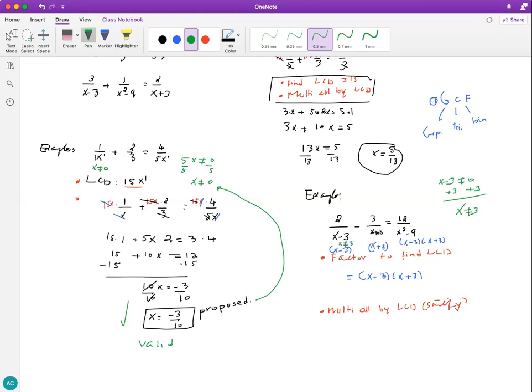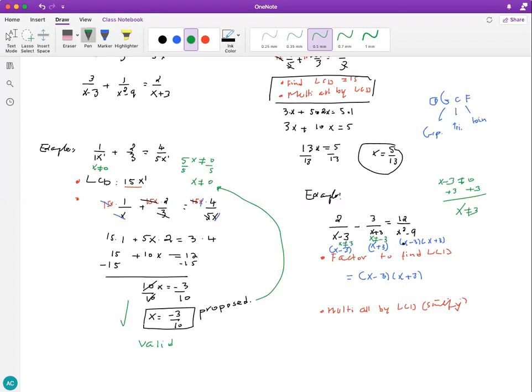Same way here, x can't be what value? Minus 3. That's right, we don't want minus 3 here because if you put negative 3 here, plus 3, that would be 0. And again, division by 0 is undefined. So x cannot be 3 or negative 3.